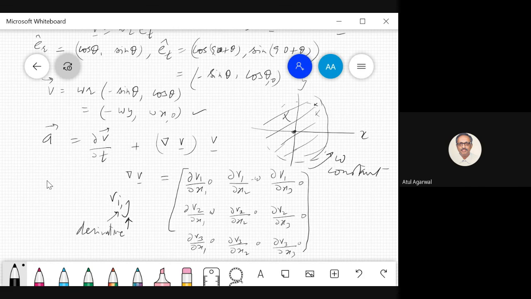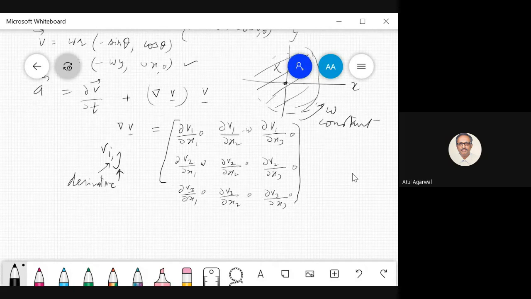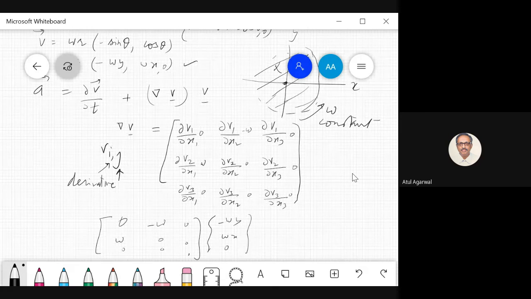Now we have to multiply gradient of v with v. So your matrix is 0, minus omega, omega, 0, 0, 0, 0, 0, 0. This you have to multiply with velocity vector minus omega y, omega x, 0. What do you get if you multiply? Minus omega square x, and minus omega square y.